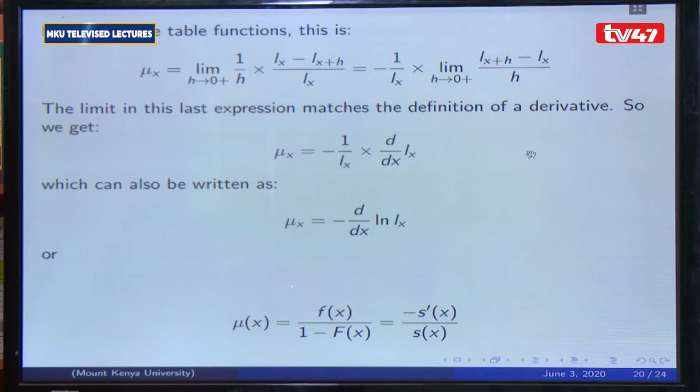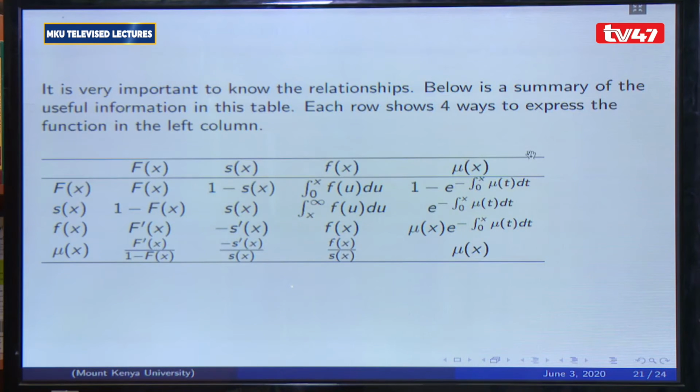So in terms of the probability density function and the cumulative distribution function, that is the lowercase fx and the uppercase Fx here, we can say that mu x is given by f x over 1 minus F x, and in terms of survival functions, it is given by that. So those four notations that we've introduced can be expressed in terms of the other.